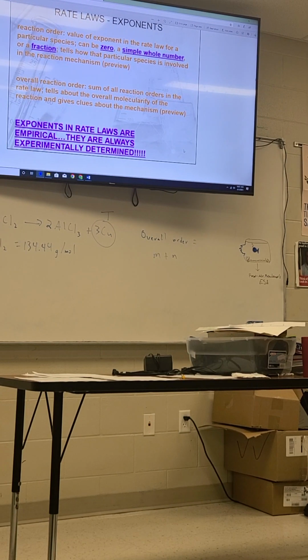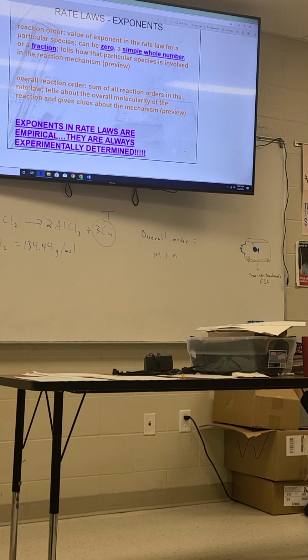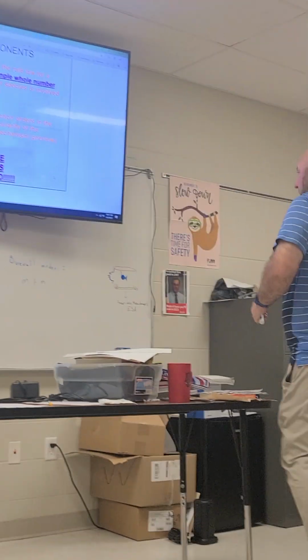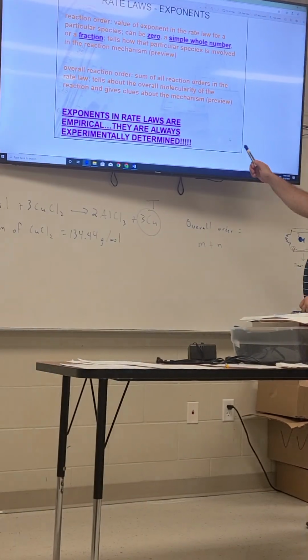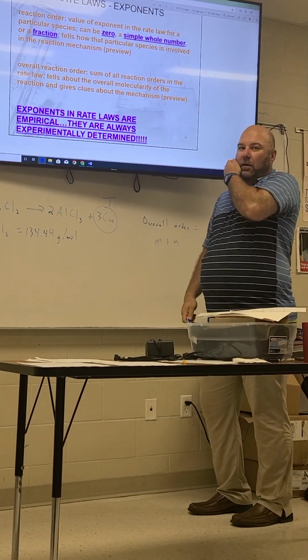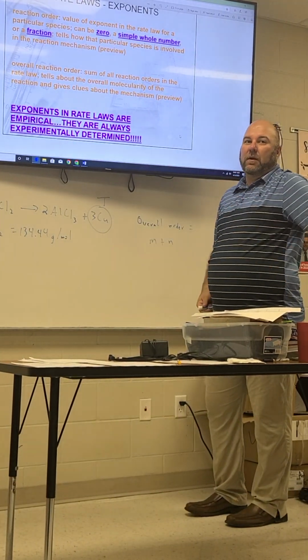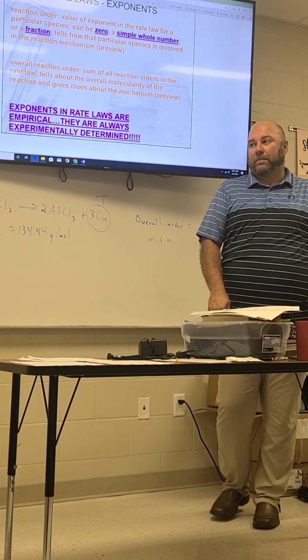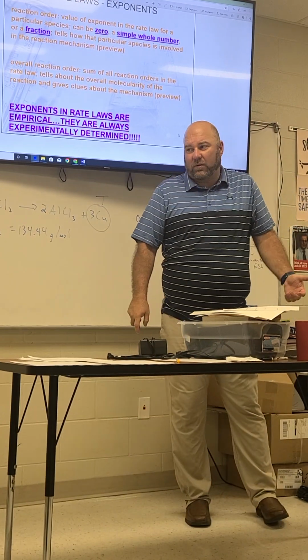Out of all the things we do in here, I'll see 30% of my kids miss it, because normally it's like 0 plus 2 or 1 plus 1. That's easy money points. Okay, the exponents always have to be from experiment. So I have to give you some data, that way you can find them, or I have to tell you what it is.